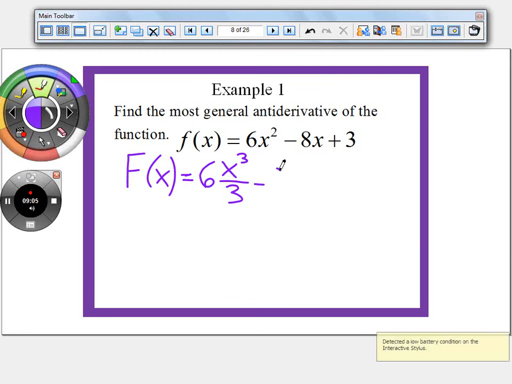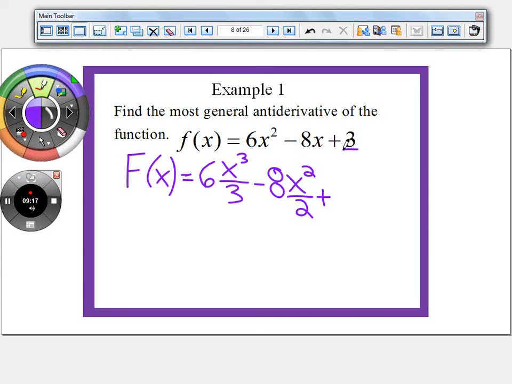And then with the 8, you just carry it along for the ride. And then with the x, you raise the power by 1, and then divide by that same amount. And then whenever you have a constant, you just give it an x. So it's going to be 3x. Remember how that works? If you have 3x and you find the derivative, then it just becomes a constant. So think about that backwards. And then if you don't have any initial information, then you're going to say plus c.